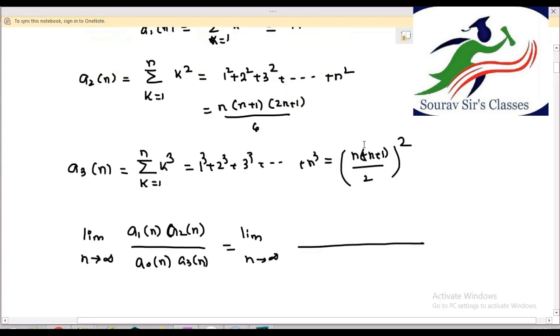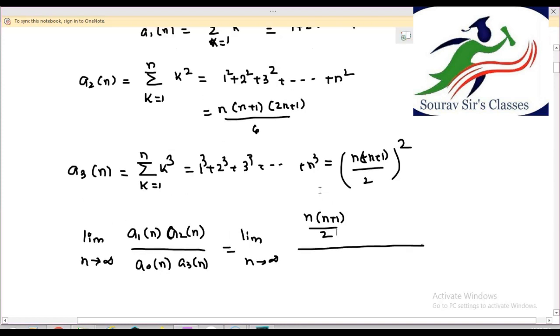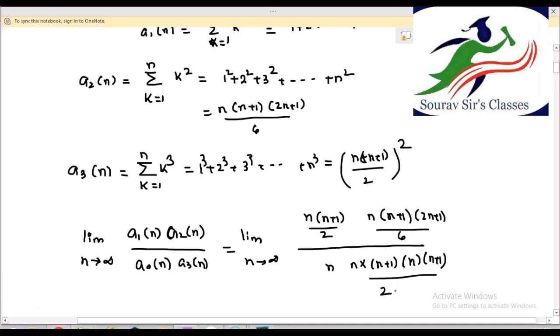The value of A1n is n into n plus 1 by 2, so I am putting here n into n plus 1 by 2. The value of A2n is n into n plus 1 into 2n plus 1 whole by 6. The value of A0n is n, and A3n is this square, so I can write it n into n plus 1 into n plus 1 whole by 2 into 2.